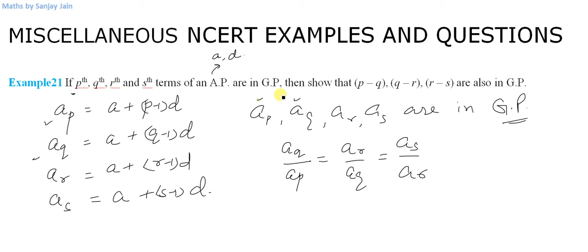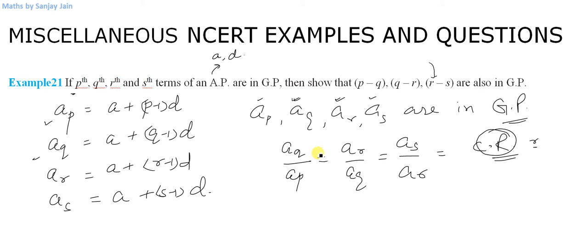This second term divided by the first is equal to third divided by the second is equal to fourth divided by the third, because these are equal to some common ratio, right? I'm not denoting the common ratio by small r because small r is already used in this question. That is why I'm using the words common ratio. So this is equal to the common ratio, hence these ratios are equal.